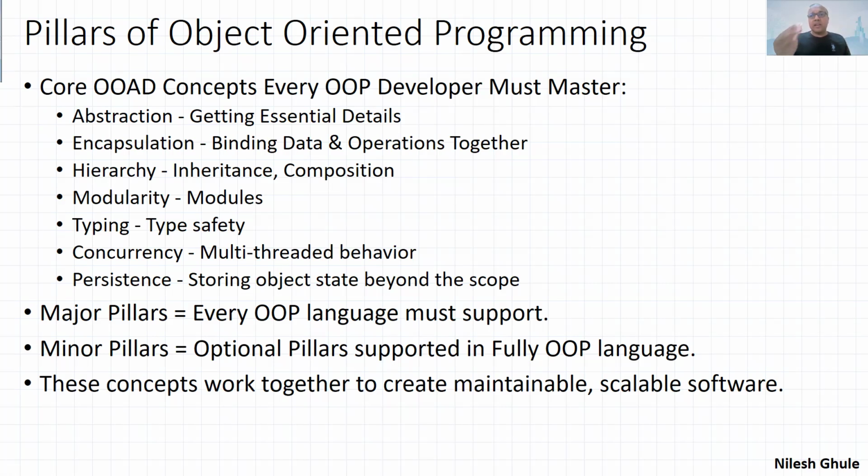Let me name them one by one. The major pillars are abstraction, encapsulation, hierarchy, and modularity, while the minor pillars are typing, concurrency, and persistence.